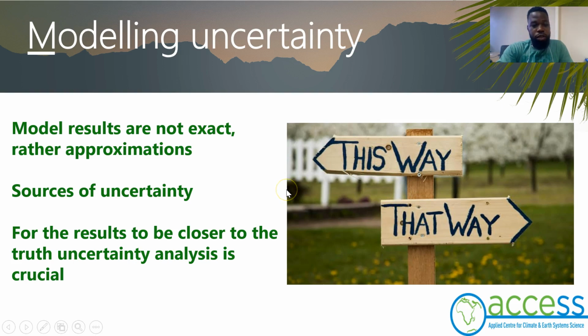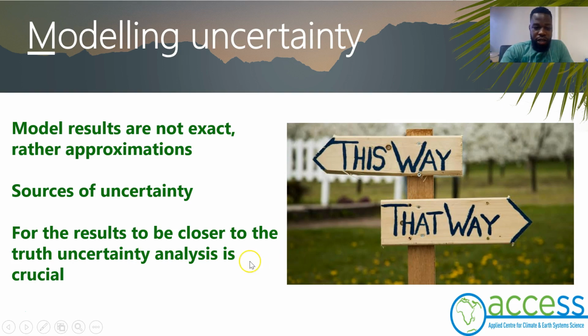And this modeling process is riddled with a lot of uncertainties. We know that the results of models are not exact but rather approximations, and there are many sources of uncertainty during the process, where we have uncertainty from lack of knowledge of the modelers themselves. We have data that is used, especially in southern Africa and Africa as a whole, where we do not have confidence in the data sources we have.